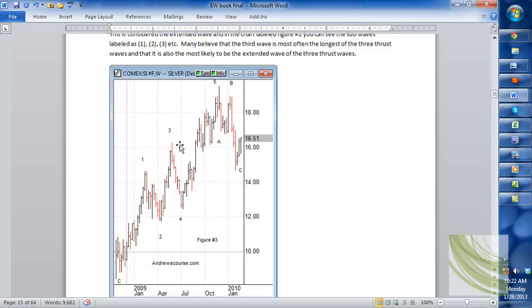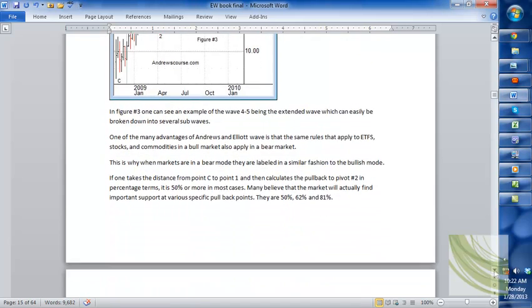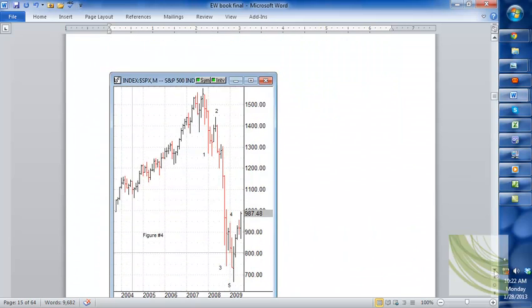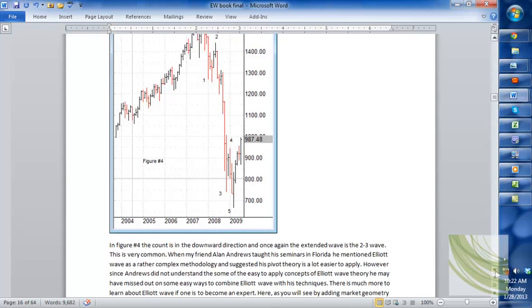That would mean, according to their labeling, this would be an illegal label, I guess, because 1, 2, 3, 4, 5 doesn't work because the 2 to 3 is the smallest. Okay, so we're going to go over some of the really easy to understand rules regarding Elliott wave. Here's a nice example of a down move: 1, 2, 3, 4, 5, and you can clearly see that there were 5 waves in that. Right?